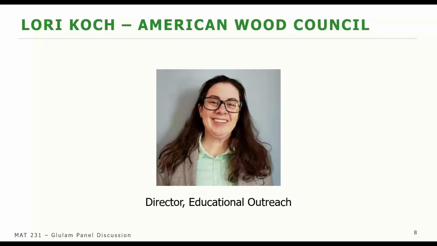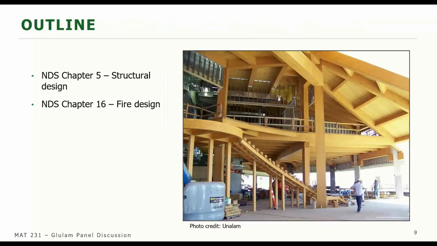So today I'm just going to briefly talk about primarily the NDS, or the National Design Specification, and how that deals with Glulam compared to other things that we might be familiar with in the NDS. We're going to focus primarily in two spots.